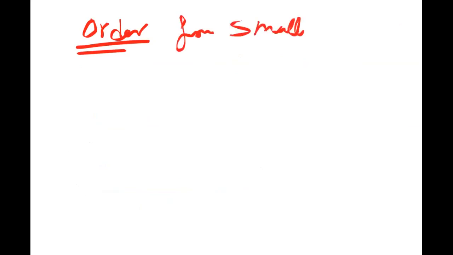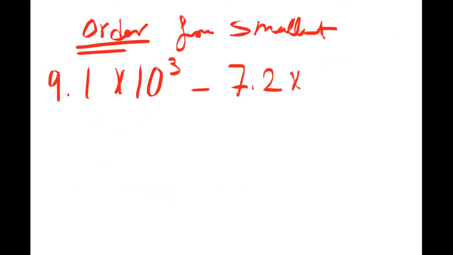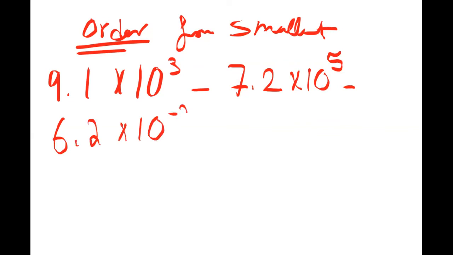Okay. Another one, order from smallest to largest. I have 9.1 times 10 power of 3. Then I have 7.2 times 10 power of 5. Then 6.2 times 10 power of negative 2.